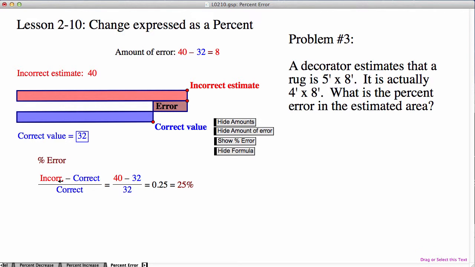We take the incorrect value, subtract the correct value, and divide by the correct value. So we use 40 as the incorrect value, minus 32, which is correct, divided by the correct value, and we get 0.25 or 25%. So we say that the percent error is 25%.